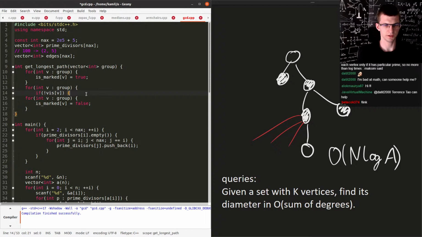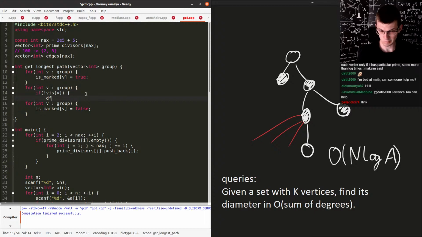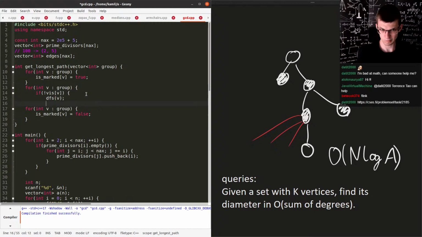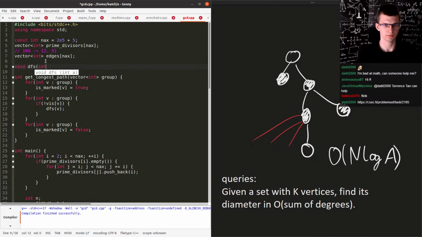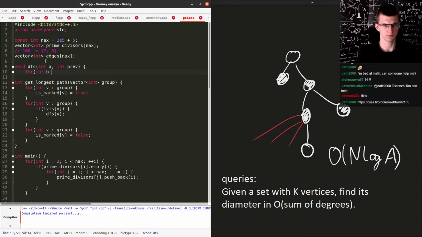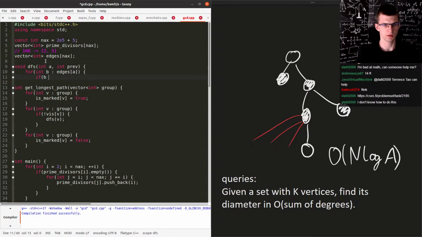Dot visited of v. Let's find the diameter with DFS. This is not your parent, and it's marked.